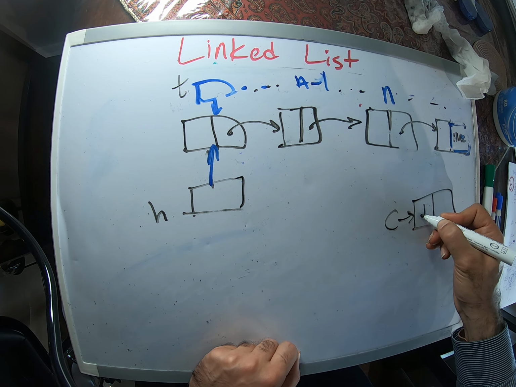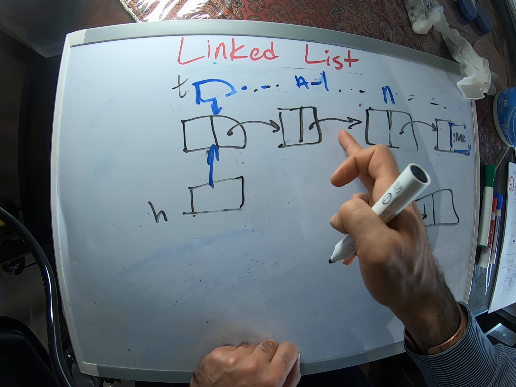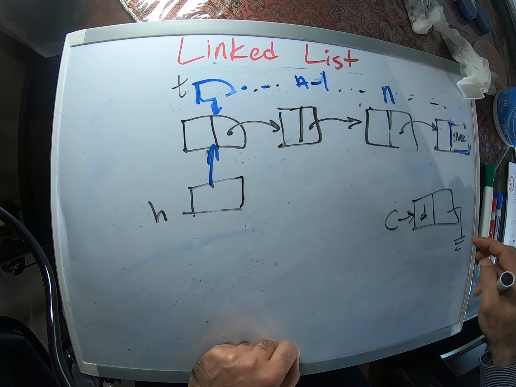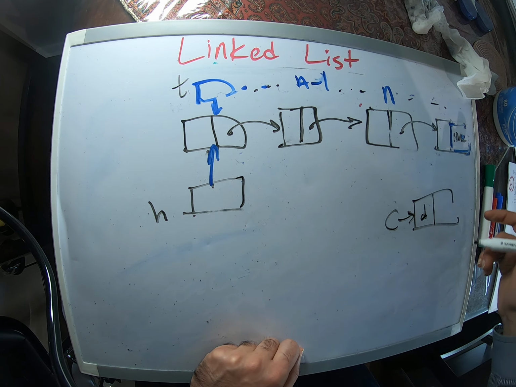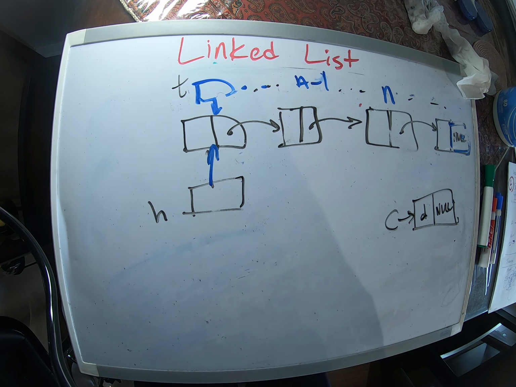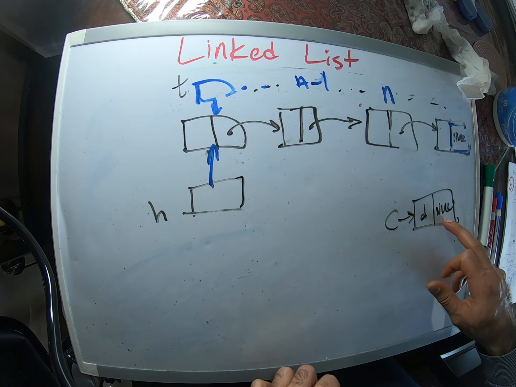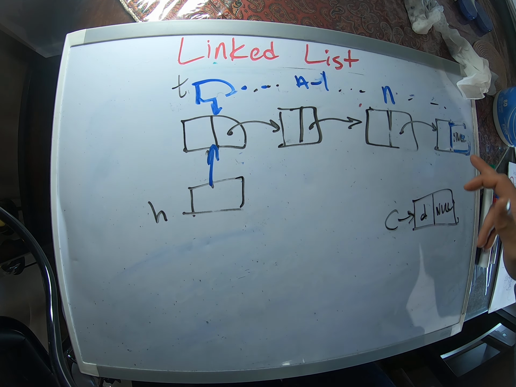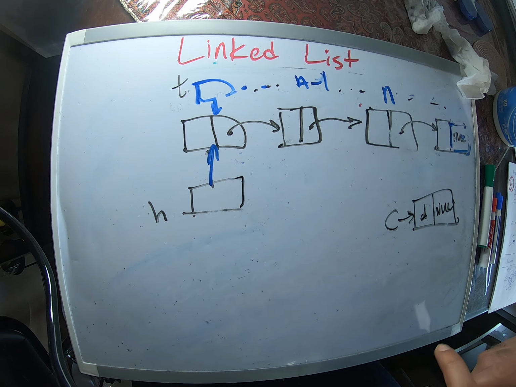Let's say this is the node we want to insert here. This means that this is null. I initialize this with null so that if I want to put it at the end, I don't need to do anything, just make this one point to here.